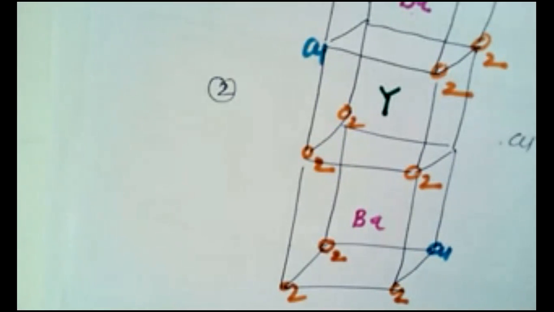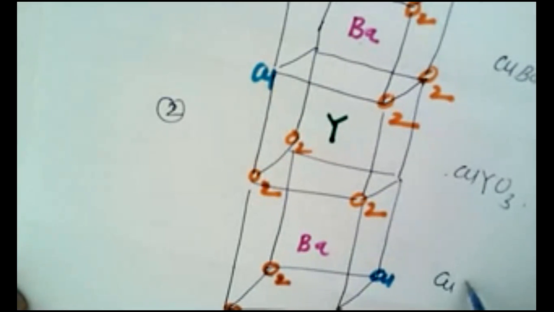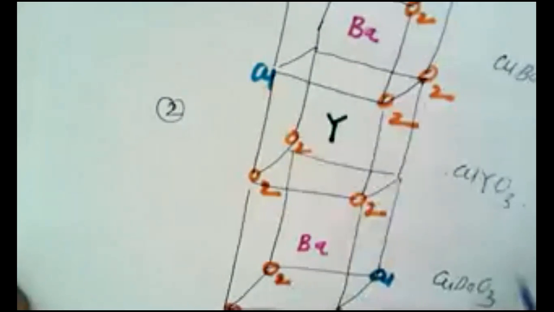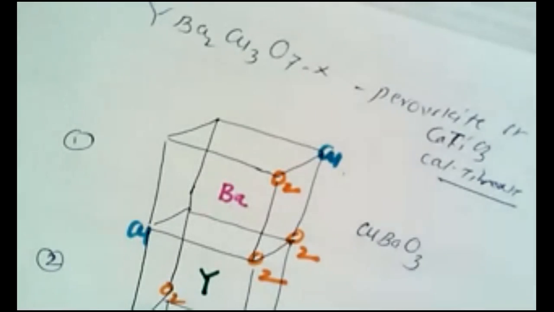So this can be written as CuBaO3. So this is how we can show the structure for this ceramic superconductor, which is having 3 cubes.